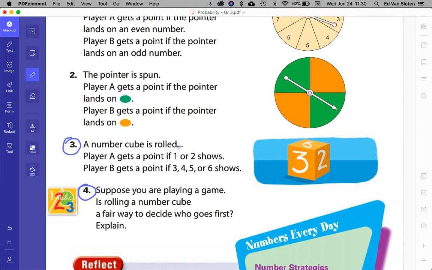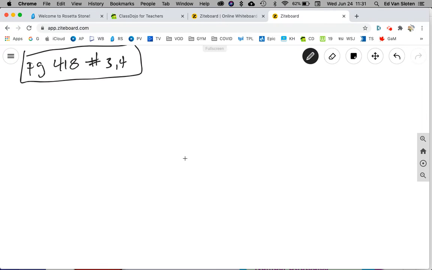A number cube is rolled. Okay, I understand that. And I understand that that is a number cube, and it's going to have 1, 2, 3, 4, 5, and 6 as the outcomes. So player A gets a point if 1 or 2 shows. Okay, I want to go to my paper.